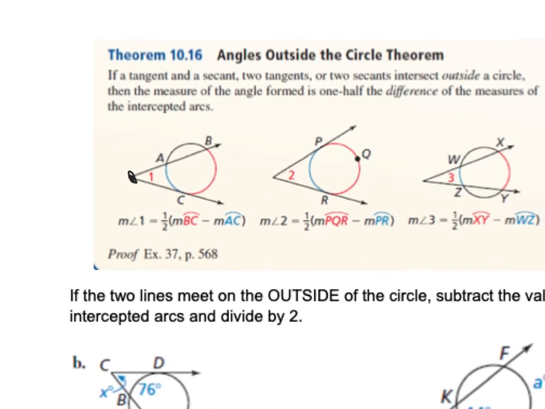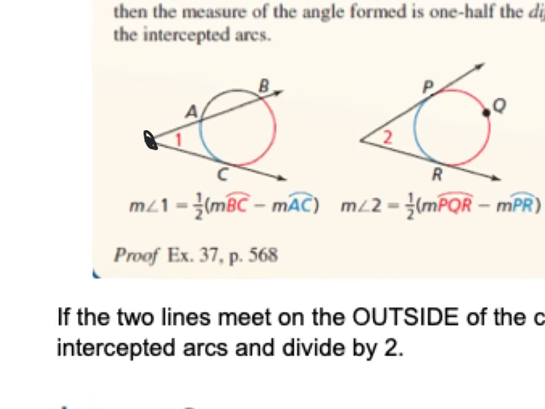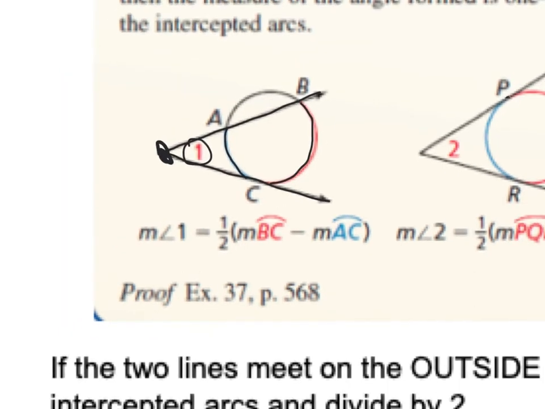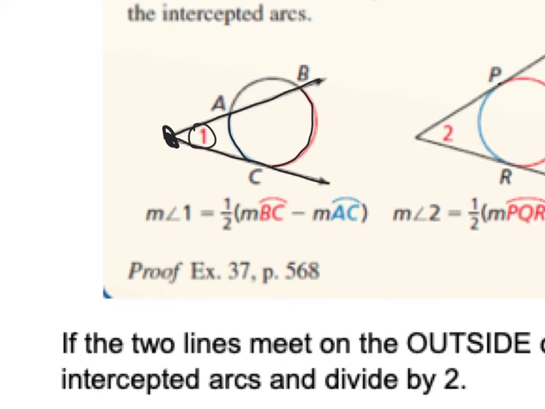Okay, so basically I'm just going to zone in here on one where they meet on the outside. You have these two lines that meet on the outside. They could be secants, they could be tangents, but they should meet on the outside. You have an angle that is created out here, and the two arcs that are intercepted. If you are going to find the measure of that angle, you are not going to average by adding the two arcs together.